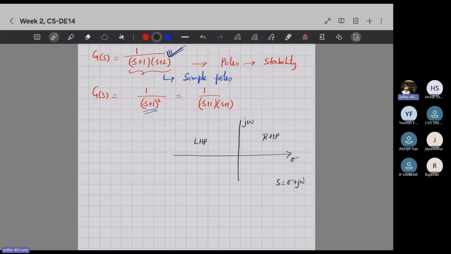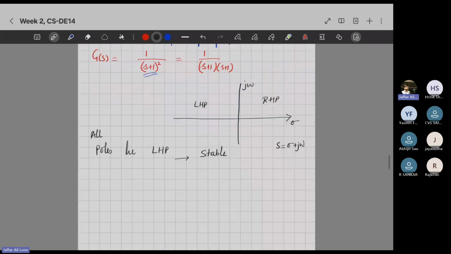So if all my poles lie in the left half plane, like here we have s = -1 and s = -2, then my system is stable, right?